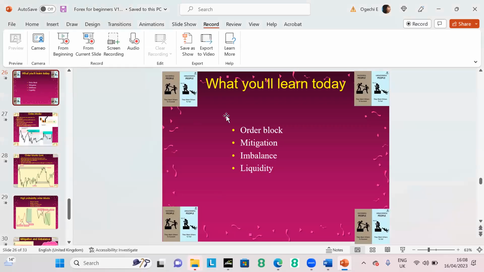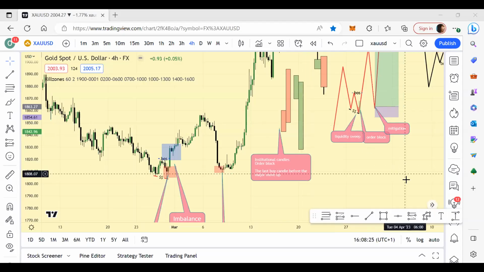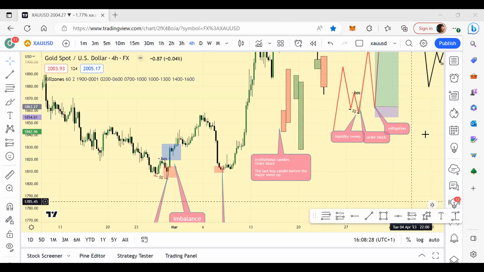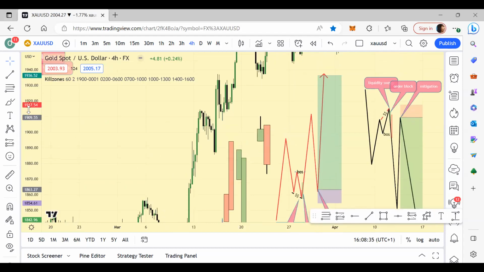Just let me know if you can still see my screen because I've only got one screen, so can you still see it? No, no, it should hopefully come up in a second. Can you see my screen? Okay, perfect.